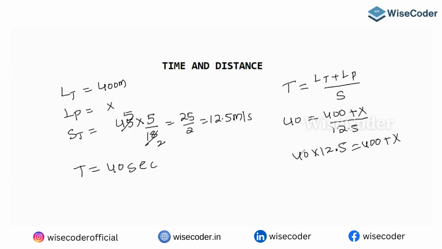Okay, 12 fours are 48. So 48 into 5, if you calculate this, how much are you going to get here?